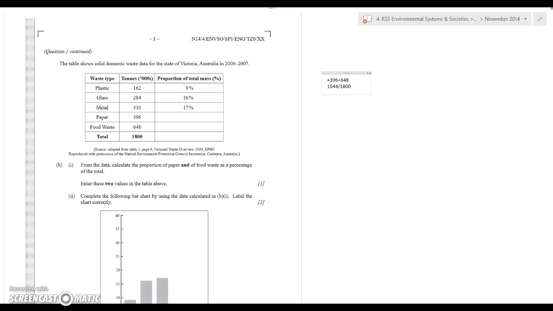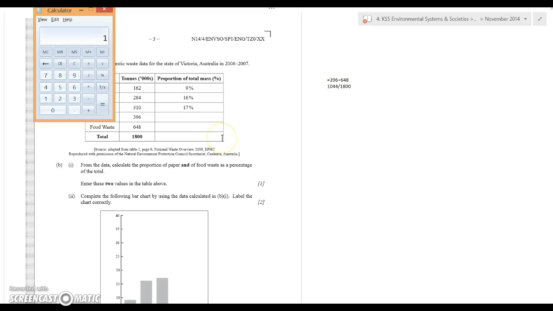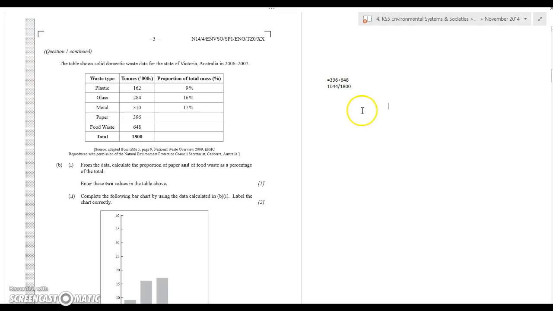Okay, so I'll just snip over to my calculator here. So 1044 divided by 1800, looking at 0.58, and for a percentage that's going to be 58%. Enter these two values into the table above. Oh, I misunderstood this question.